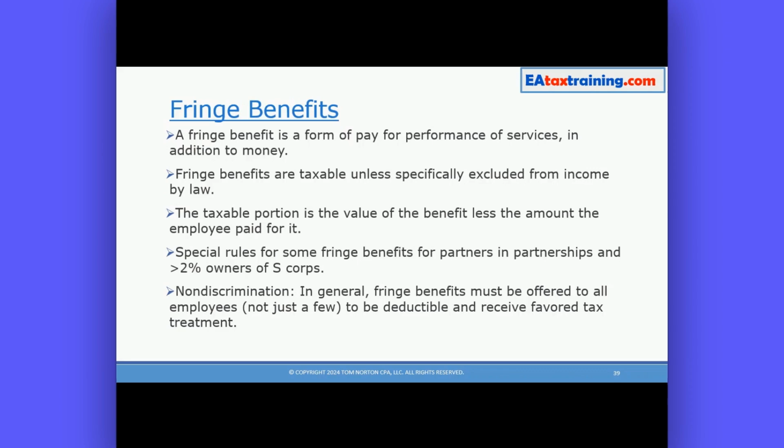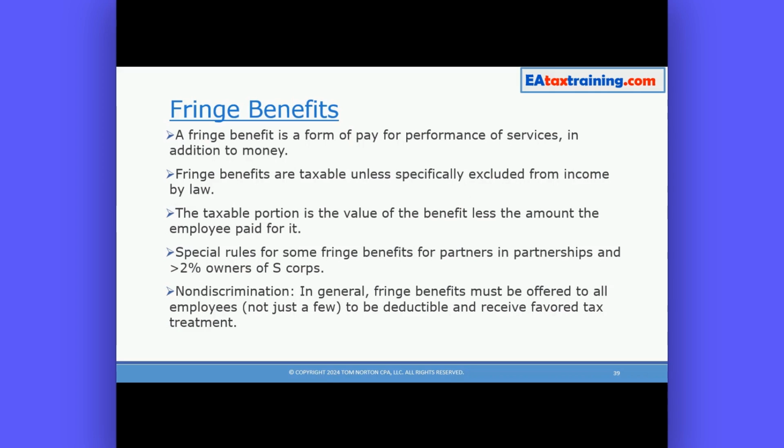Fringe benefits. A fringe benefit is a form of pay for performance of services that's in addition to money. So this is not outright salary like you would normally have. It is some other type of benefit that they are getting that is not money. Fringe benefits are taxable unless specifically excluded from income by law.